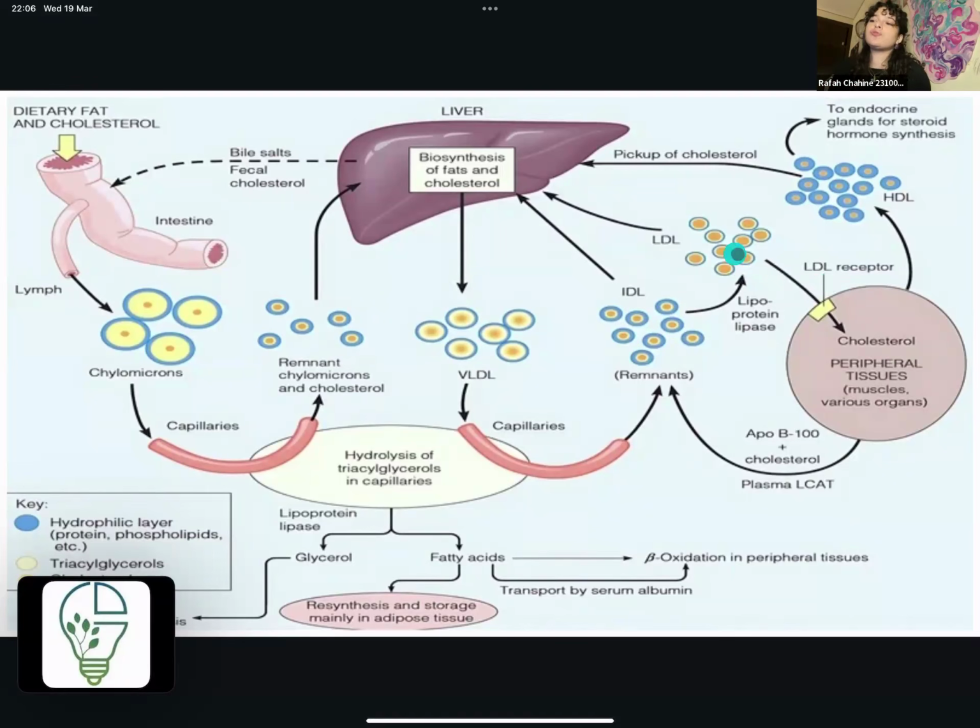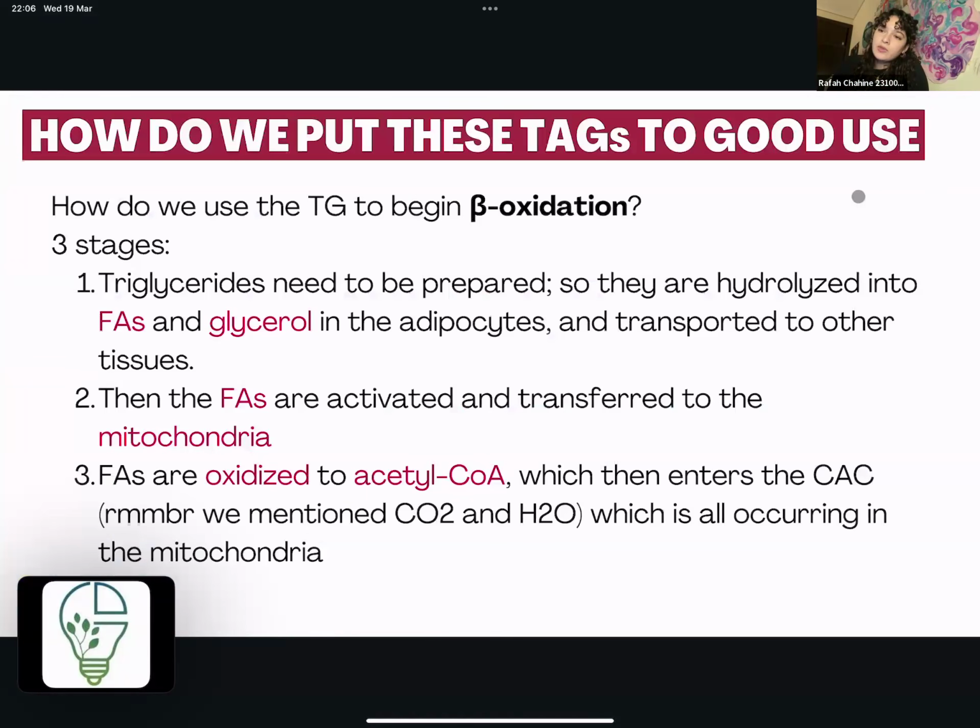And then after we use the cholesterol from the LDLs, they become high density lipoproteins, and then the whole process goes on and on and on. But we're not going into the details of lipoproteins because that's not the objective for today, it's just a very simple rundown.